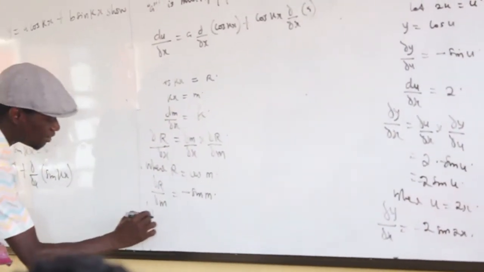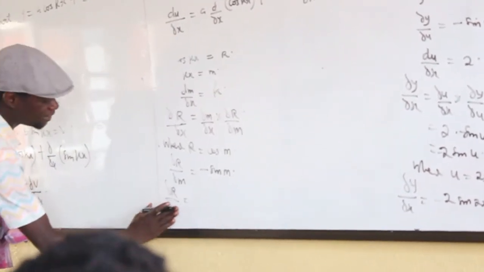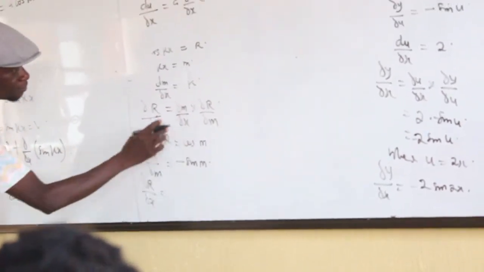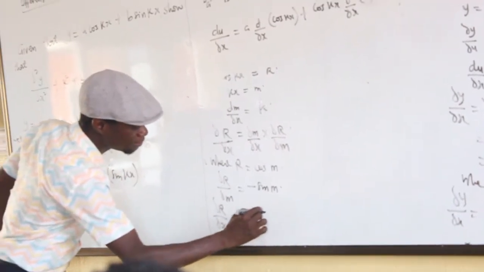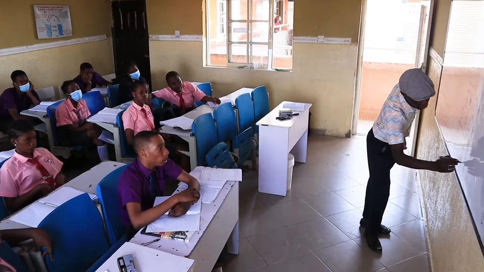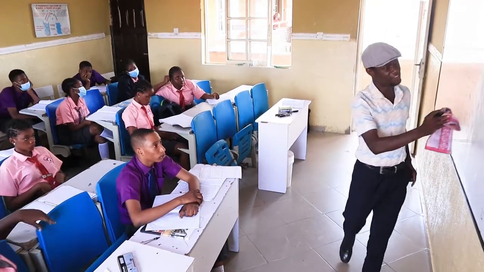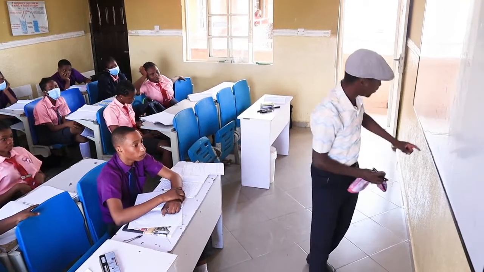So dr/dx is going to be equal to dn/dx, which is k, times minus sin n. So what does that give us? You can see where those mistakes were made.